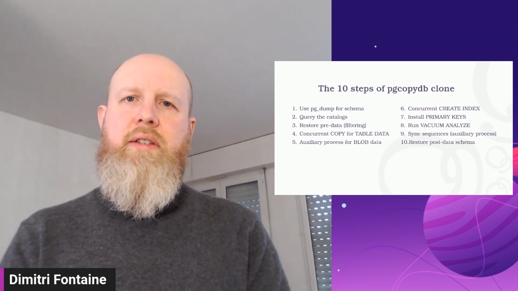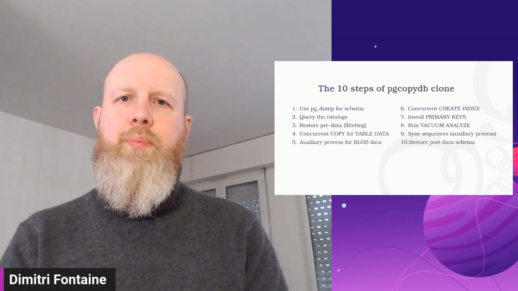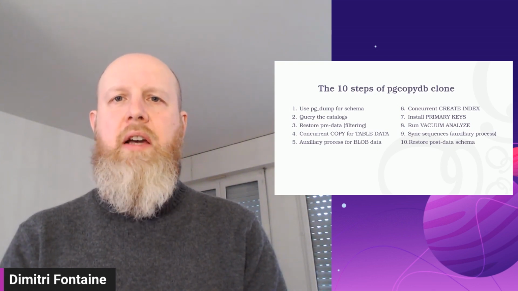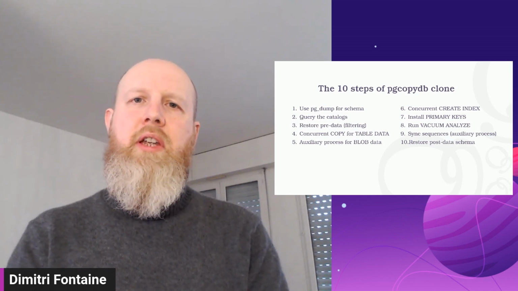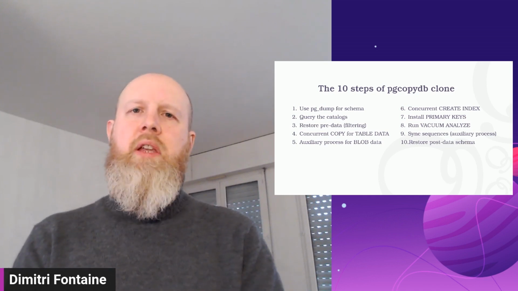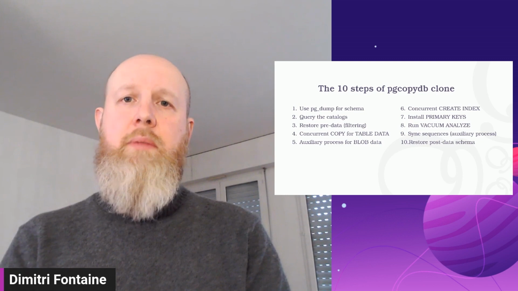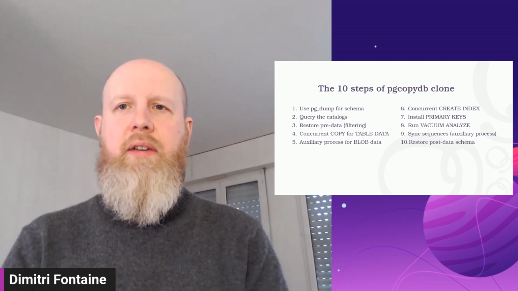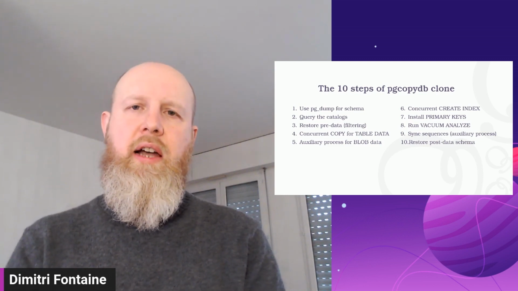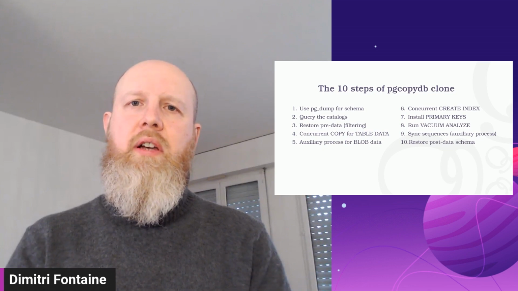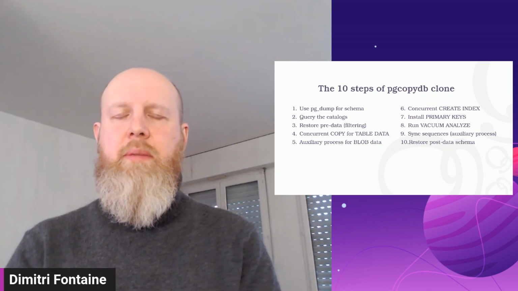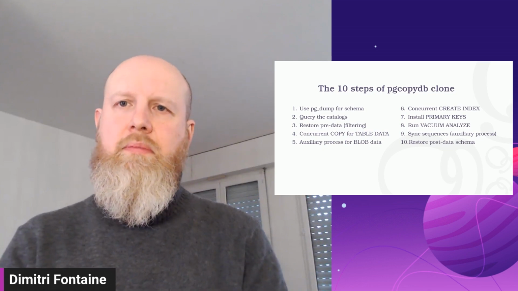Step 3 is about restoring the pre-data section, so the schema, create table, etc. And it does apply the filtering using the pg_restore advanced API for it, which requires having the OID of the catalog objects. That's why step 2 is querying the catalogs.